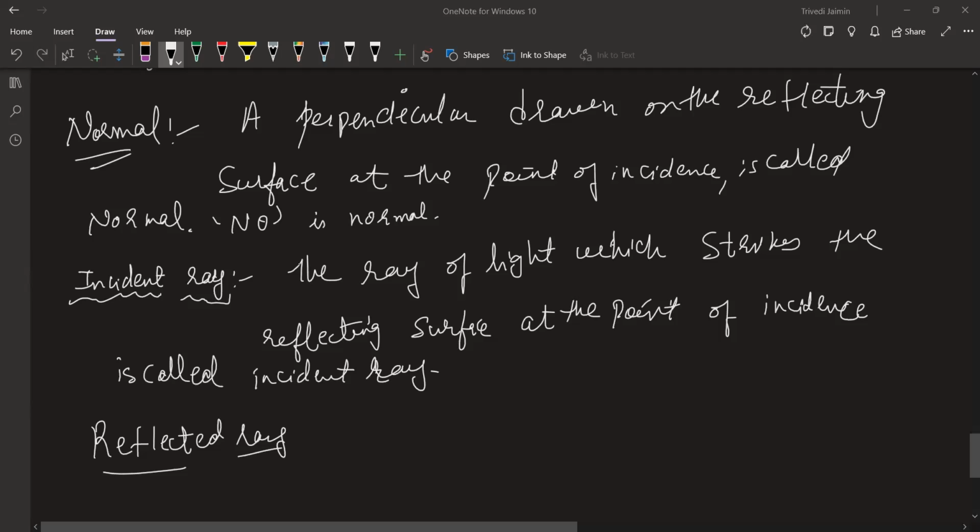I want someone to try. Okay, let me ask Akshara. Yes, sir. Try this, the reflected ray. Define this reflected ray. The ray of light that is reflected from the surface. Exactly. That's what I'm going to write.